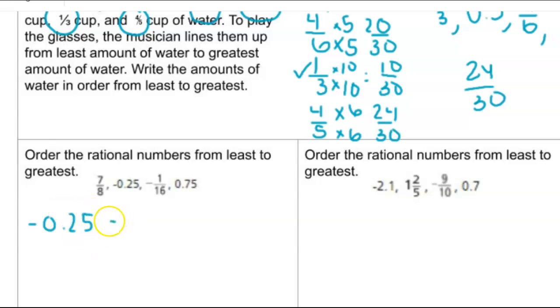25, you have negative, 25 goes on top, 100 goes on bottom. And I know that can simplify down into 1/4. Our next one, fraction, we have negative 1/16.